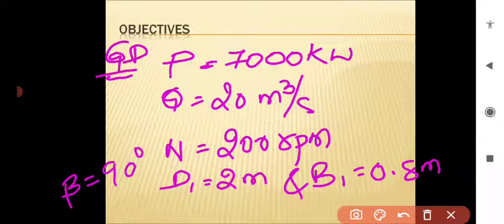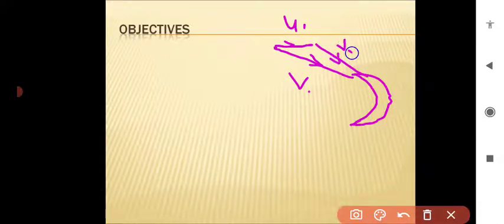Before going to solve this problem, we have to draw the velocity triangles for it. Assume this is a vane on which a jet impinges with a velocity V1, and here the blade velocity is U1, and the relative velocity between these two is Vr1.